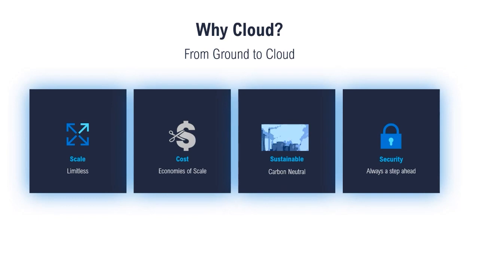Now, you've seen these kinds of slides like why cloud, and most of you have already taken the decision to move to cloud. But I just want to put forward a few more different things that are happening recently in cloud migration. One of the fundamental differences with the cloud is scale.